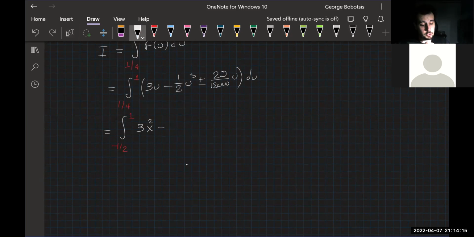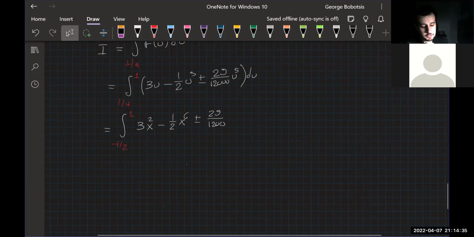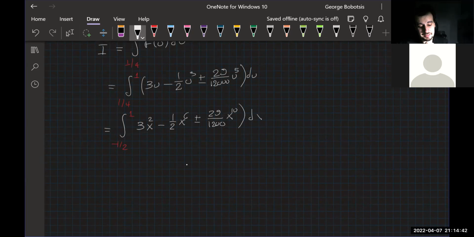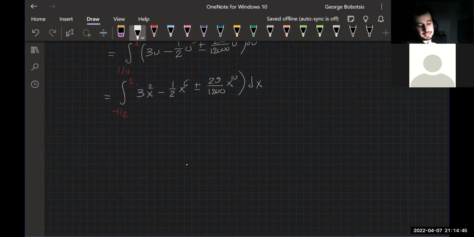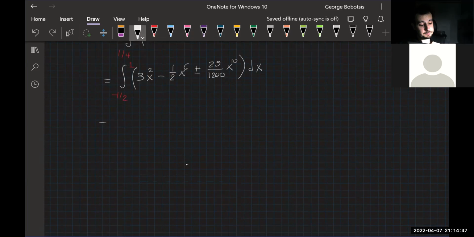So we have 3x squared minus 1/2 x to the sixth, plus or minus 29 over 12,000 x squared. Wait, this was u to the fifth. Excusez-moi. So u to the fifth, if you replace u with x squared, you get x to the 10th power. There we go. And now we're going to integrate this whole thing.